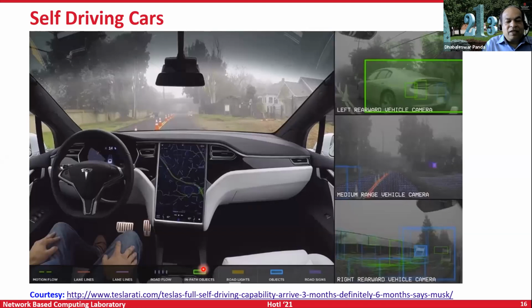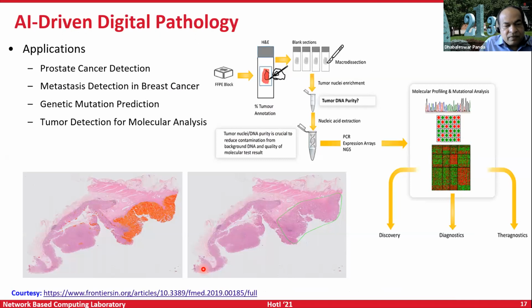If some of you have Teslas, you might be using it. Over the years, a lot of advancements have taken place. So the question is, without human involvement, can the car itself detect the roads, the signs, the situations, and drive itself?